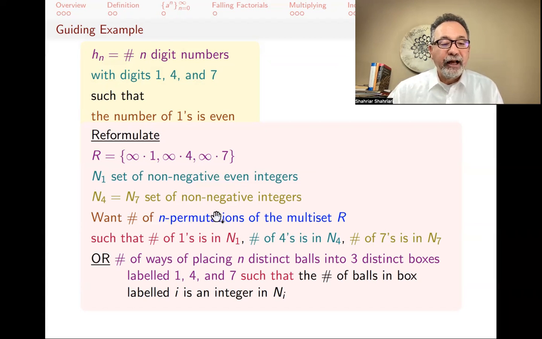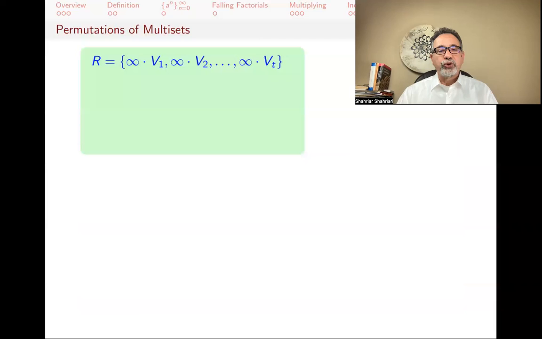Now going from n-permutations of a multiset to placing balls in boxes is something that we have already discussed. We now want to introduce exponential generating functions into that. So let's talk about that.